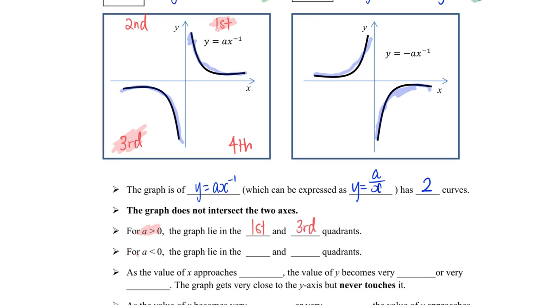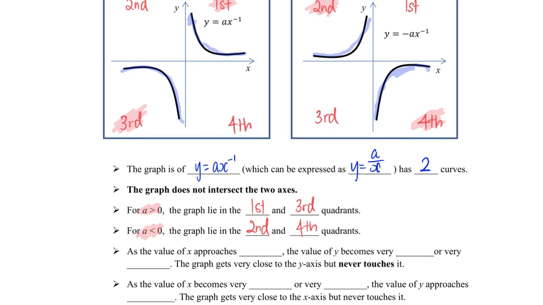Then when A is negative, again, if I were to write first, second quadrant, third quadrant, and fourth quadrant, when A is negative, it lies on the second and fourth quadrant.